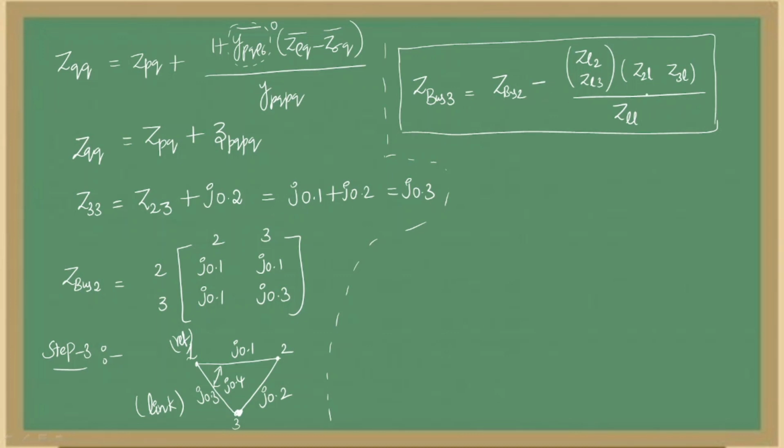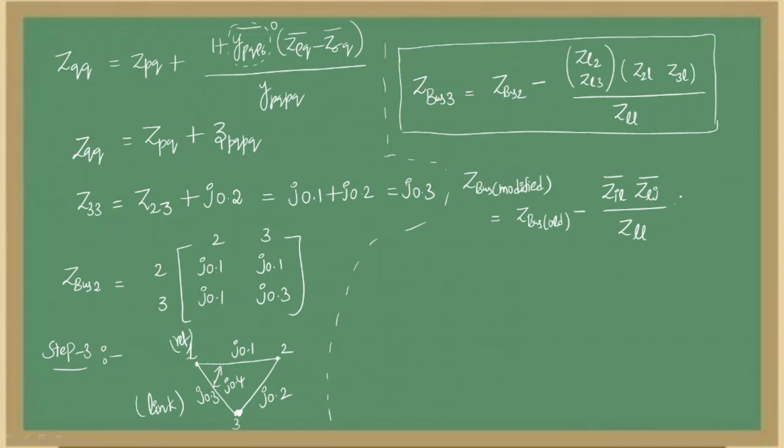Here, in generalized mathematical expression, you have the formula like this. If you see our earlier classes, it is Z bus modified is equal to Z bus old minus Z_IL bar multiplied with Z_LJ bar divided with Z_LL.